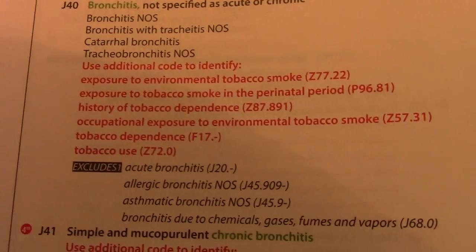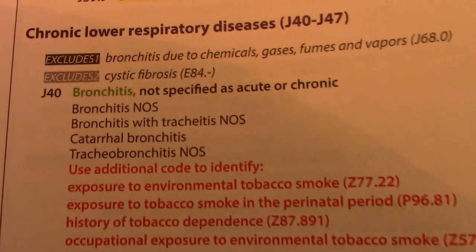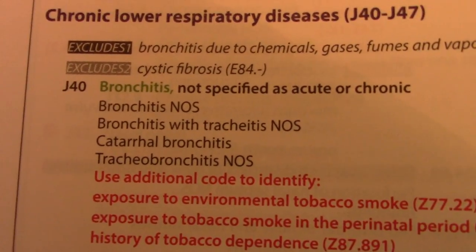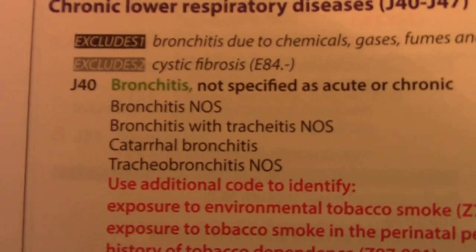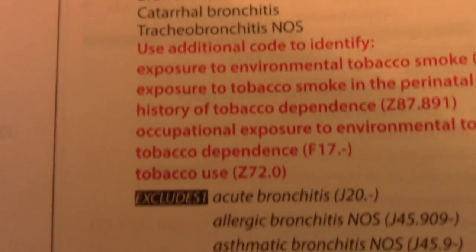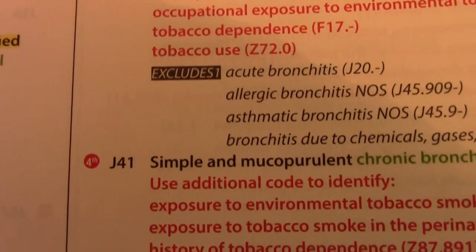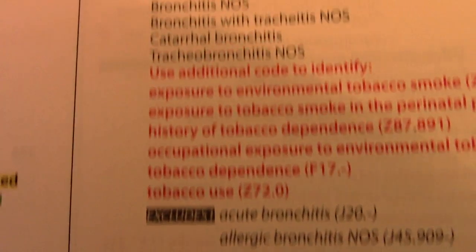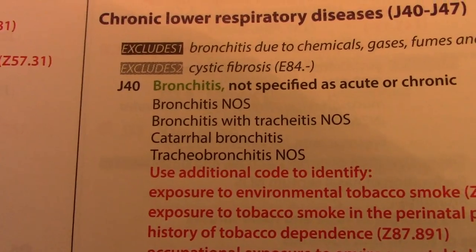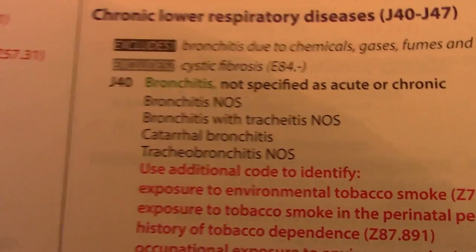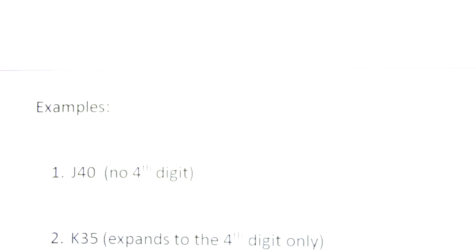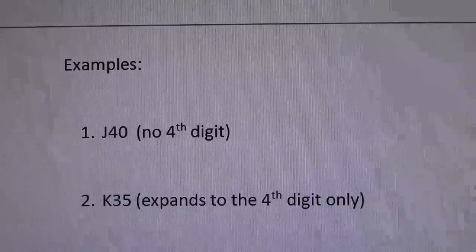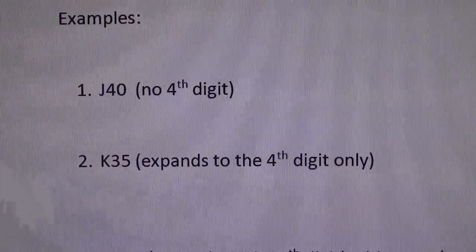J40 says bronchitis, not specified as acute or chronic. But notice that's all to code J40 because it goes down to J41, but J40 stands alone. It's a 3-character code. So again, as this says, for J40, there is no 4th character to assign. Okay? No 4th digit.